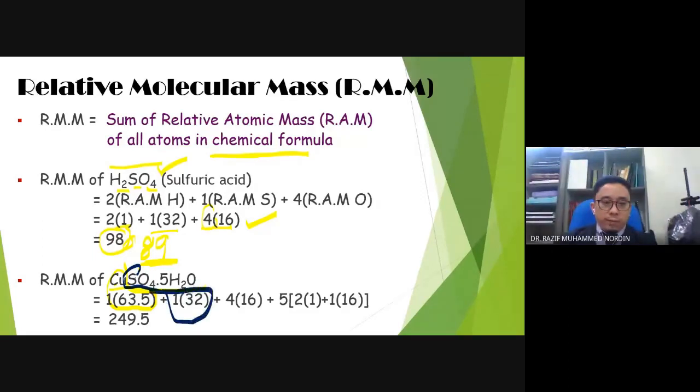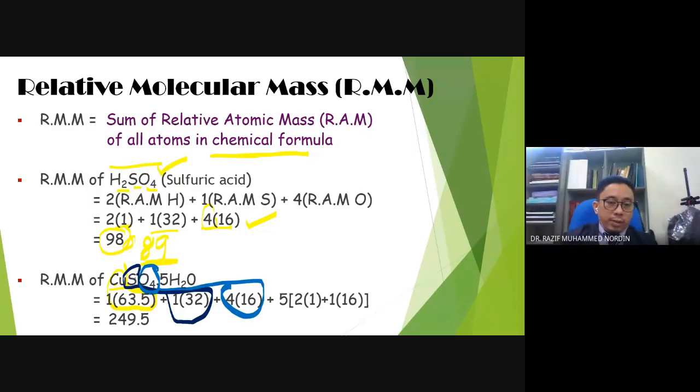One atom of sulfur, and then four atoms of oxygen, and yang ni special sikit.